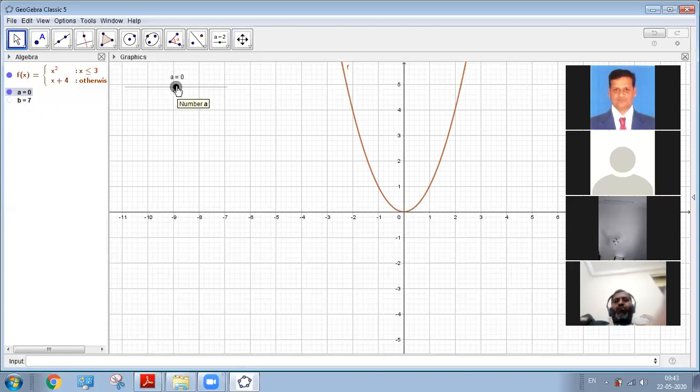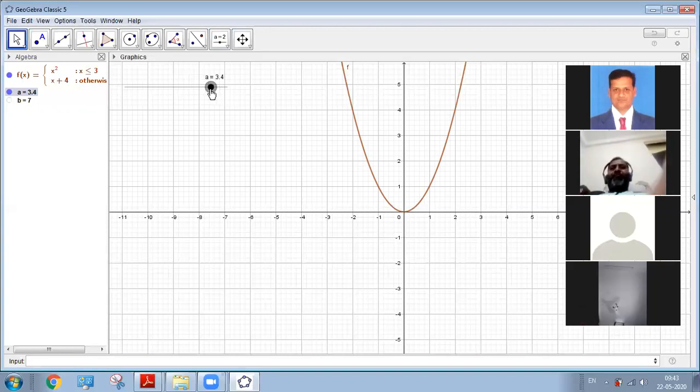Now here, when x is nearing 3 from the left side to the right side, you can find the point of this curve here.